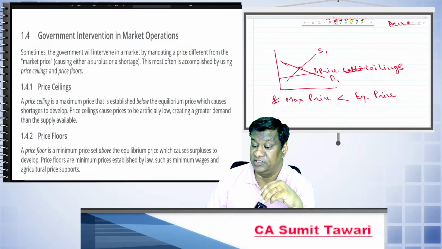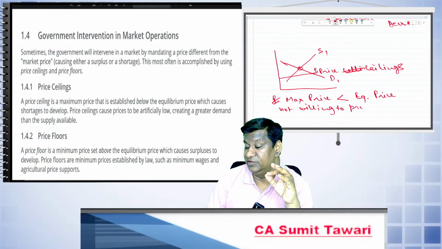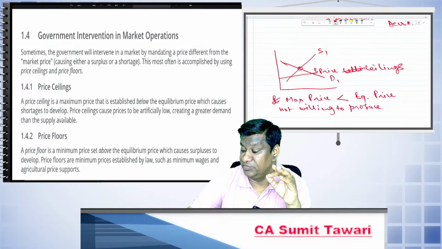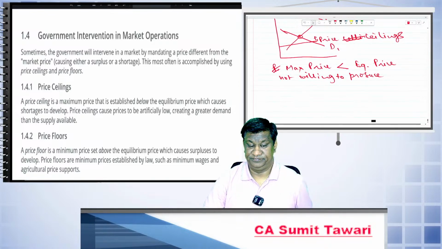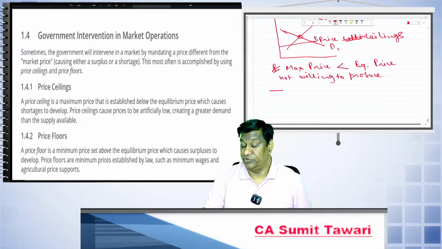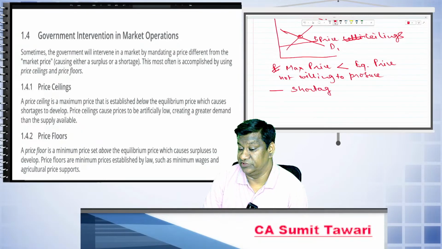He compulsorily needs to sell at a price which is lower than the equilibrium price. So he is not willing to produce. And what would be the situation? The customer wants, but the supplier is not ready to supply. What is the effect? Shortage.